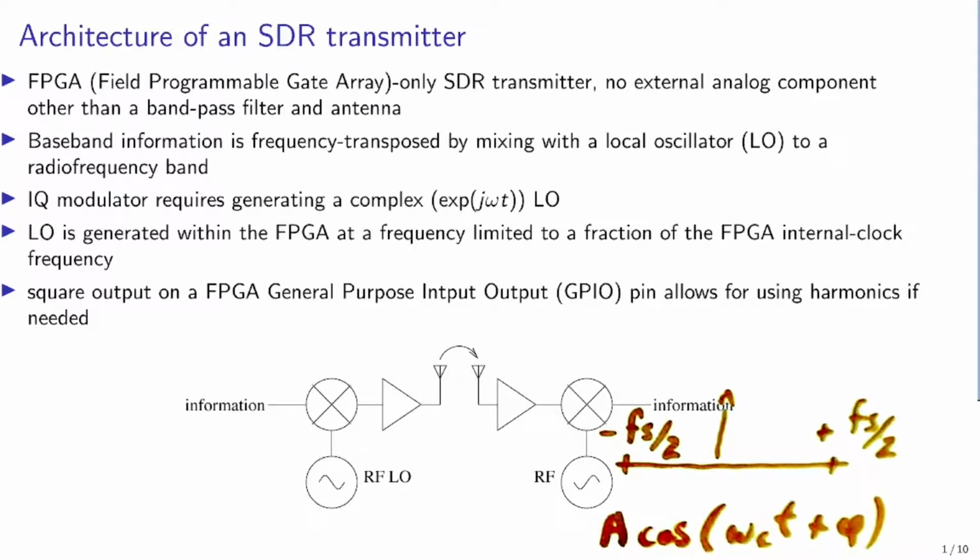That means that we duplicate the information between the negative and the positive part of the spectrum, and naturally this waste of bandwidth is inefficient.